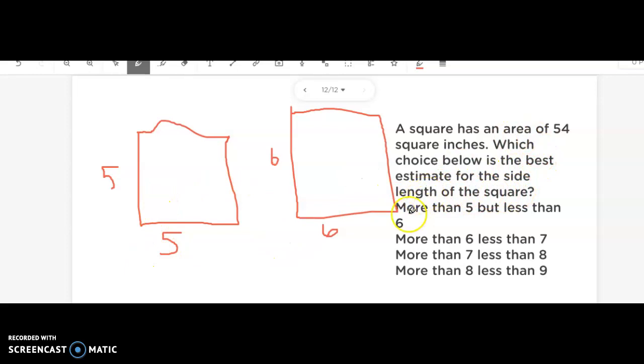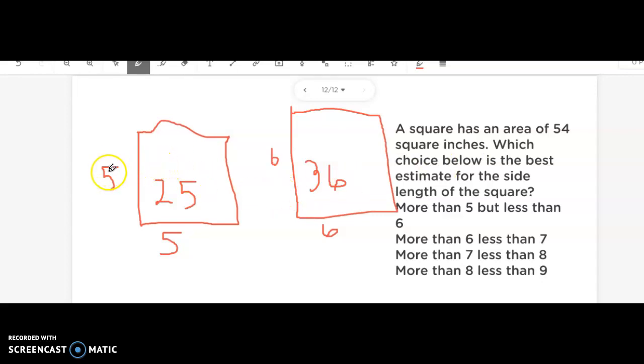Which choice below is the best estimate of the side lengths of the square? And then A said more than 5 but less than 6. Okay, this square has an area of 25. This square has an area of 36. So when it's saying a square has an area of 54, it wants to know which one is the best estimate for the side lengths.